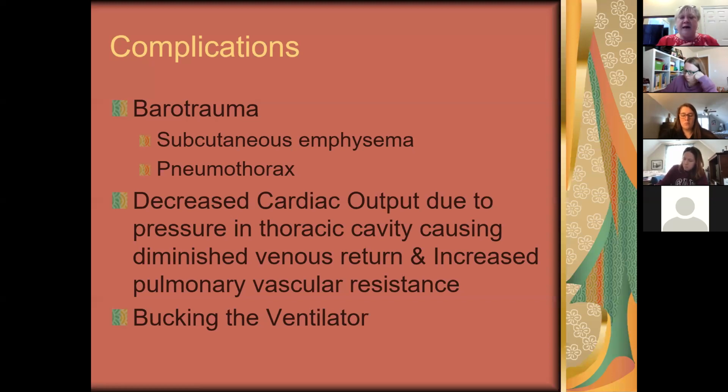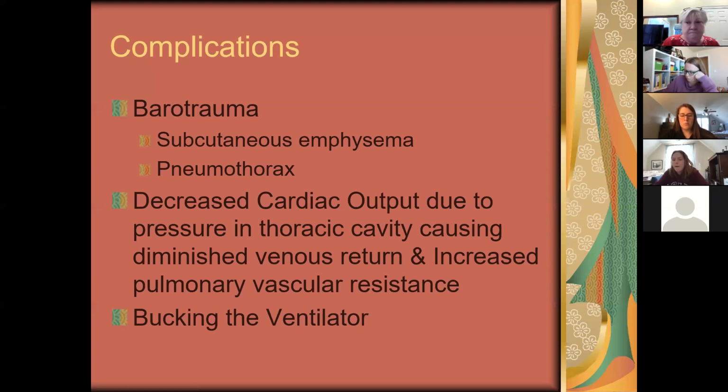If I keep air in my chest all the time, because I'm trying to have gas exchange take place, then I increase my intrathoracic pressure. So when blood starts coming back into my heart and my heart goes to expand to fill, it's meeting resistance. Therefore, my filling is decreased. Therefore, my cardiac output is decreased. And I start to drop my blood pressure.